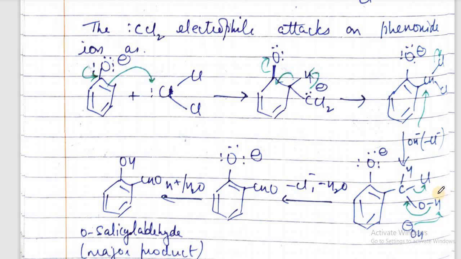Now this hydrogen is removed as water when it gets attached with OH negative, that is, OH negative attracts this hydrogen and these electrons move towards this. So here it is C double bond O, and Cl is removed as a Cl negative, so we get C double bond O, and here is O negative, and this is water and this is Cl negative.